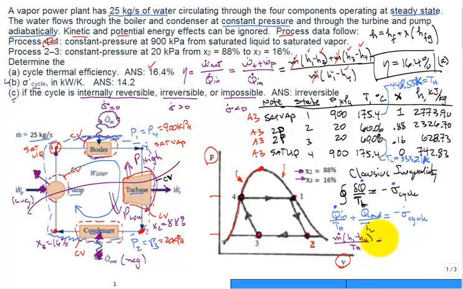I'm going to add the mass flow rate, and if it needs to be negative, then I have the exiting enthalpy, H3 minus the H4, and then I divide by the temperature low, and that's equal to negative. If you want to, you can just put the negative sign on everything over here, and now you're just calculating sigma dot of the cycle.